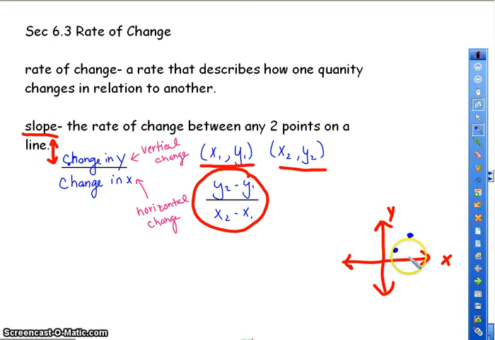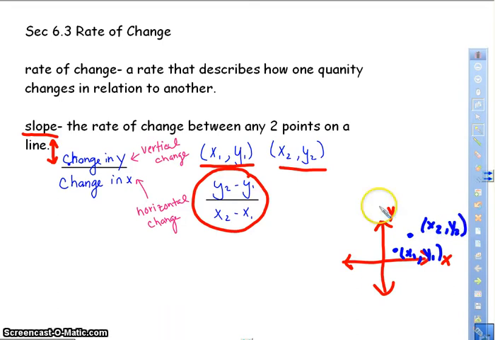I'm going to take this point, which we call x1, y1, meaning it comes from the same point, and this point is called x2, y2. Basically you're finding the difference between the y's. So the difference here would be that vertical change. So I'm taking this y minus this one.